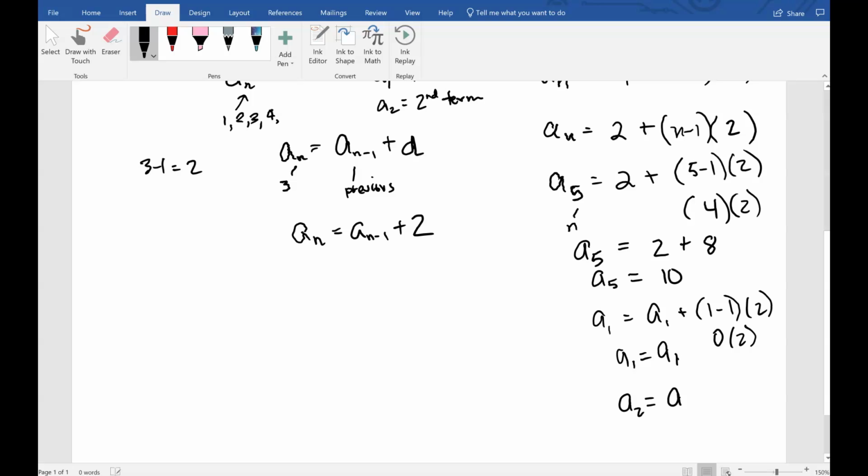Again, for the second term, it's going to be the first term plus, and what goes in here is going to be our multiplier. So it's going to be multiplied by 2. In the case of n equals 2, it's going to be 2 minus 1, which is 1, times 2.